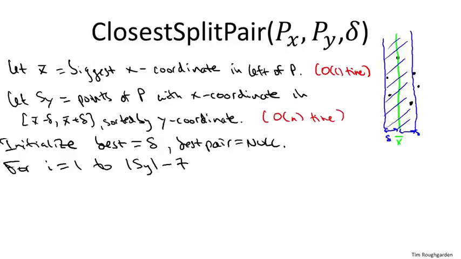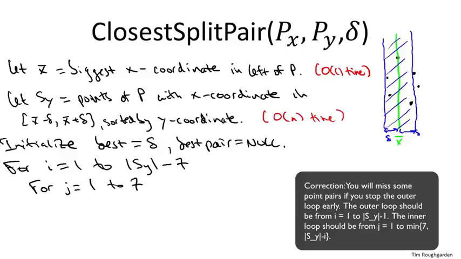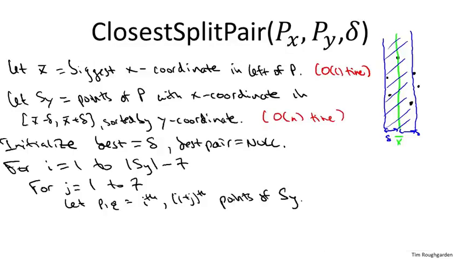So for j going from 1 to 7, we look at the ith and (i plus j)th entry of Sy. So if Sy looks something like this array here, at any given point in this double for loop, we're generally looking at an index i, a point in this ith entry of the array, and then some really quite nearby point in the array, i plus j, because j here is going to be at most 7.